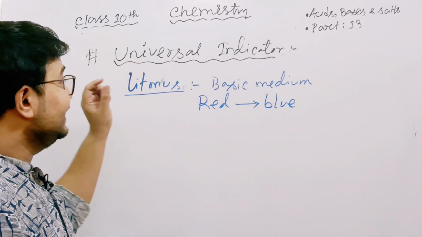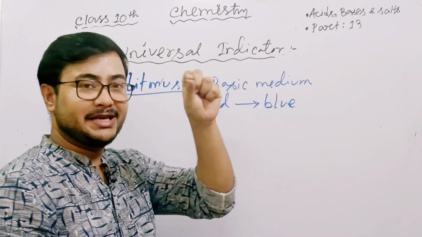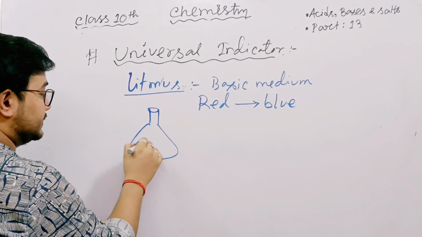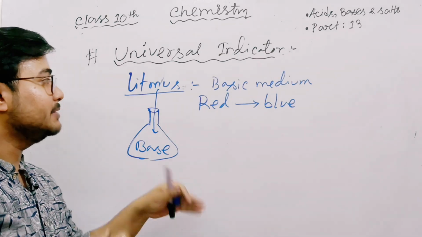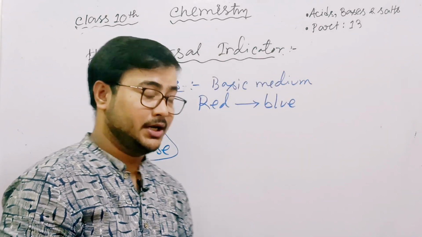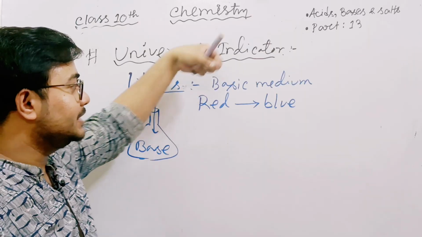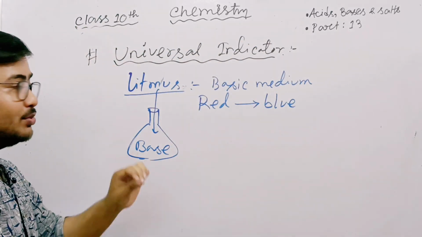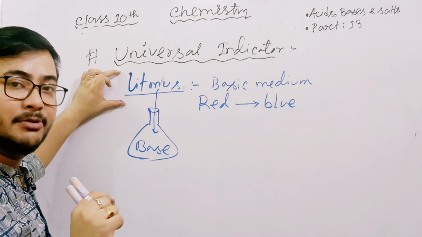Now in litmus, in basic medium, suppose in a conical flask you have a base, and in the base you put the litmus paper, it converts to blue color. You must dip the red litmus, it converts to blue litmus. Now try to understand, litmus paper is an indicator paper.